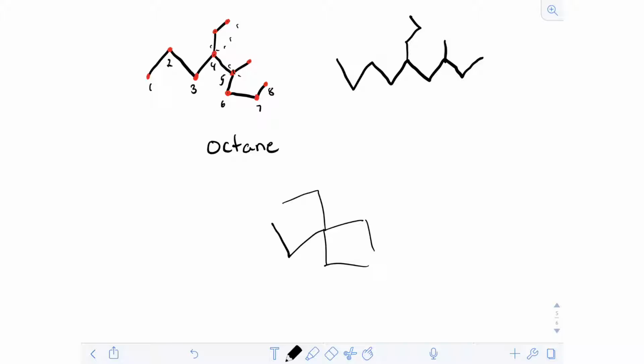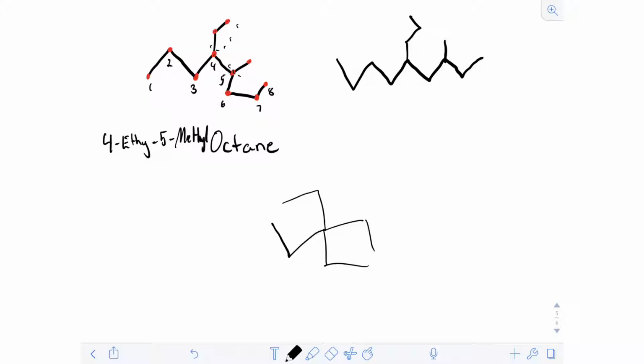Okay, so our ethyl is actually going to start us off here. So we'll have 4 ethyl, 5 methyl octane.